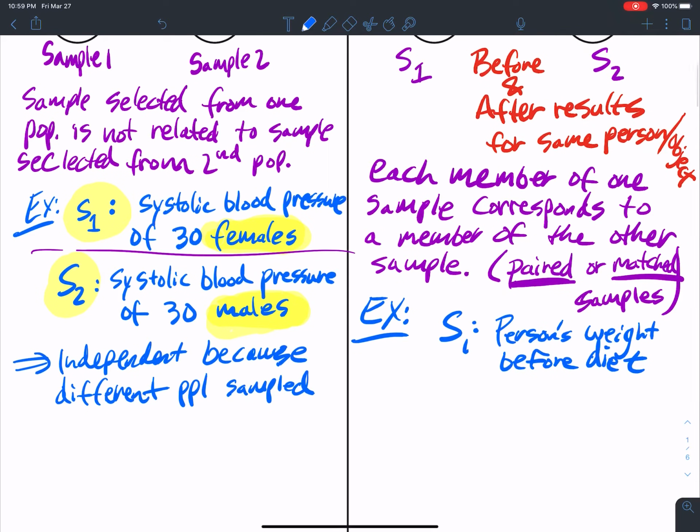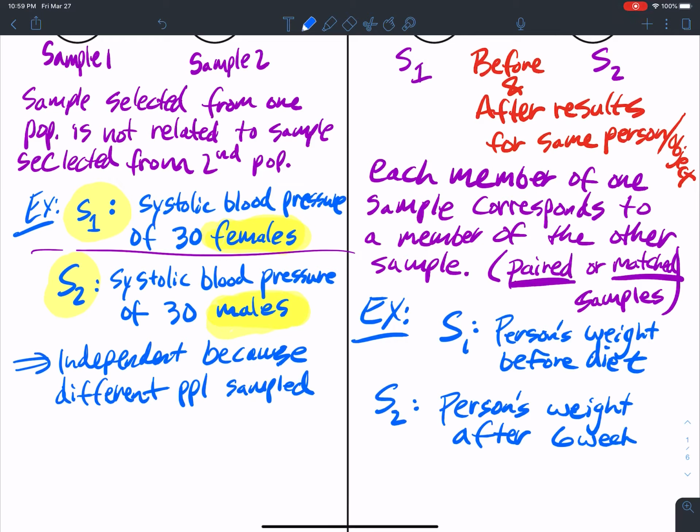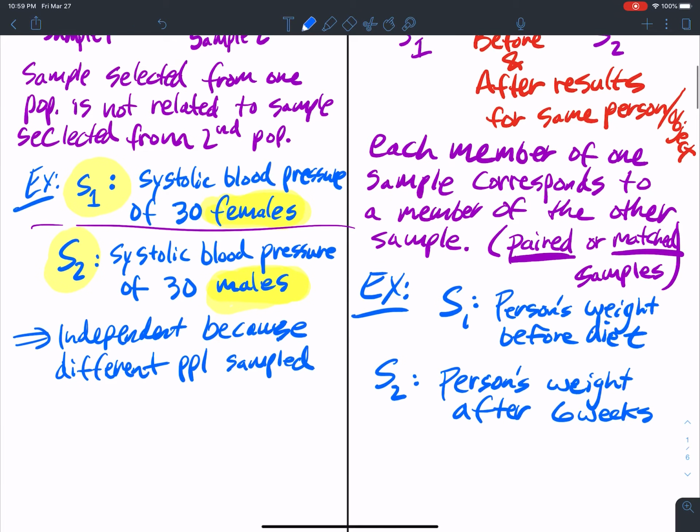That's probably not safe. Okay? So be careful. Sample 2 is the person's weight after maybe 6 weeks. Okay? So it's the same person, right? It's got to be the same person, okay?